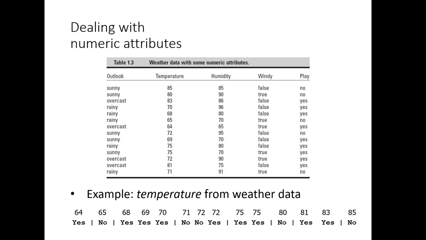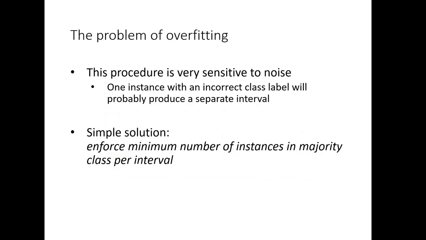Right. But don't you think we have too many intervals, isn't it? If you put it in this way, we have too many intervals. If you follow that, this is very sensitive to noise. Noise means the class value changes very frequently. It tends to give us errors.